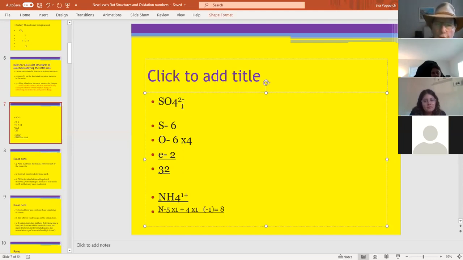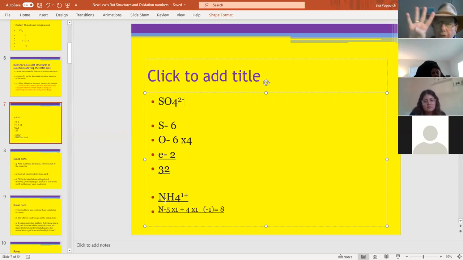So with SO4 2-, if I have a negative charge, I have to add that many electrons to the valence electrons. On the other hand, if I have something like NH4+, I have to subtract 1 electron away to make up for the positive charge. So with NH4+, the 1 nitrogen has 5 valence electrons.